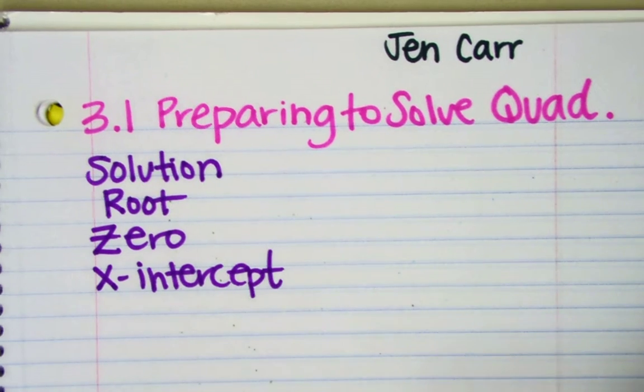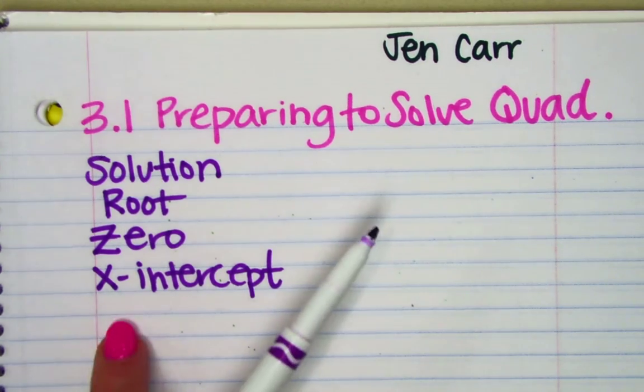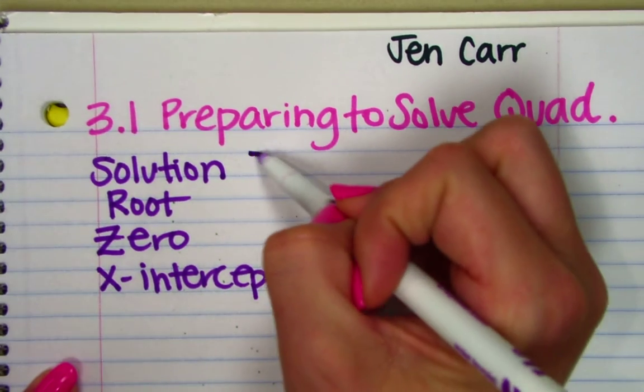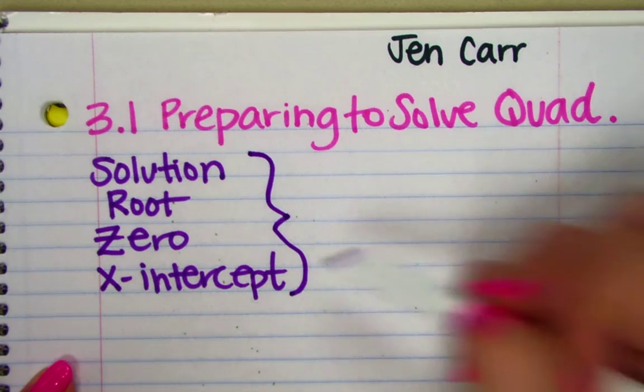Which one of these do you think you know what it means already? Right, I think that the easiest one that really is straightforward is X-intercept. Okay, I'm going to do a little thing like this. These all mean the same thing.